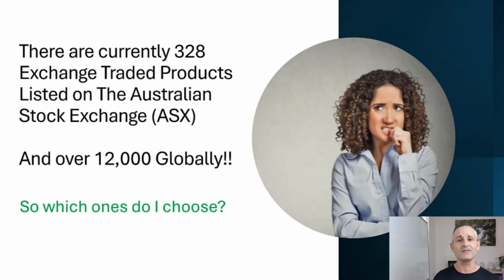So today, what I'm going to take you through is, again, the very simple system that I use to identify the exchange traded funds that I want to invest in. And I'm going to do it using the Australian market just as our case study, if you like. But the strategies I'm going to share with you work in any market around the world. So let's get stuck into it.